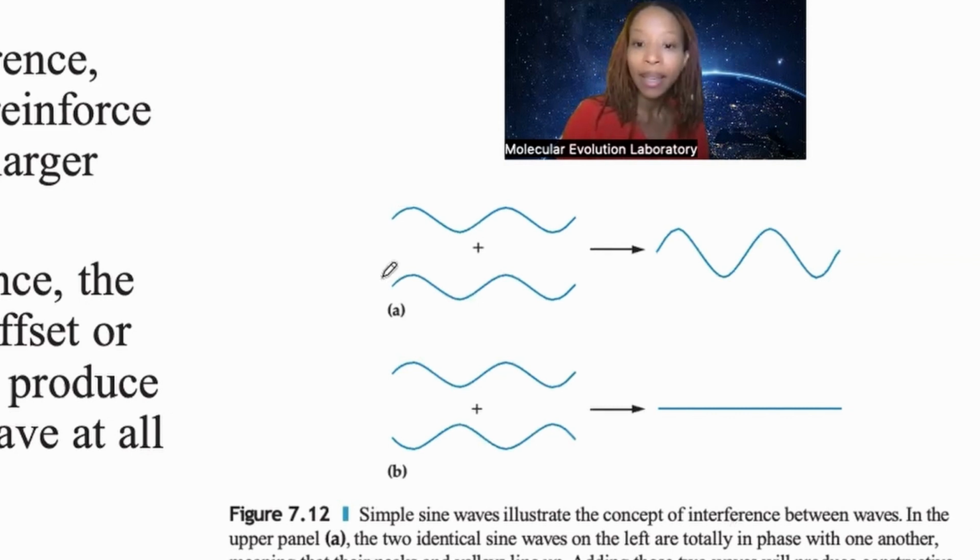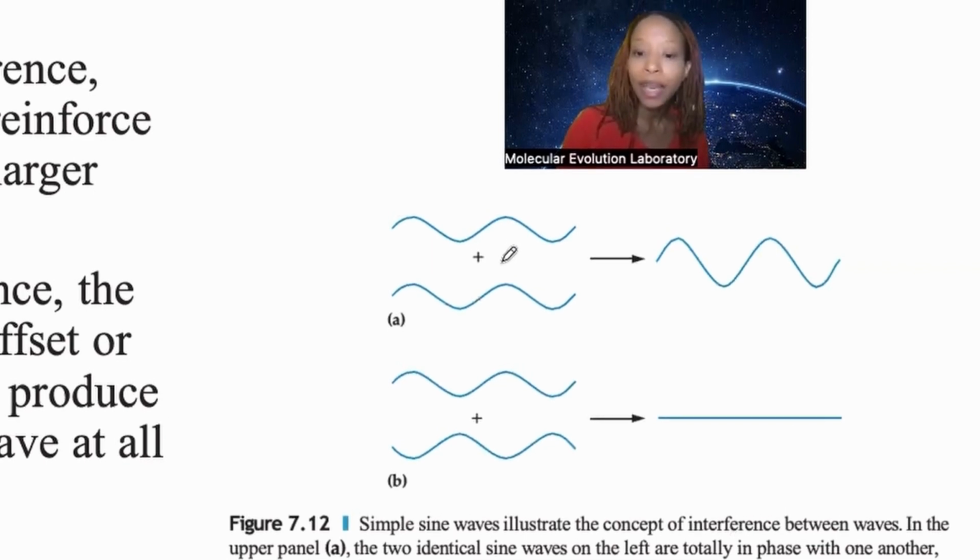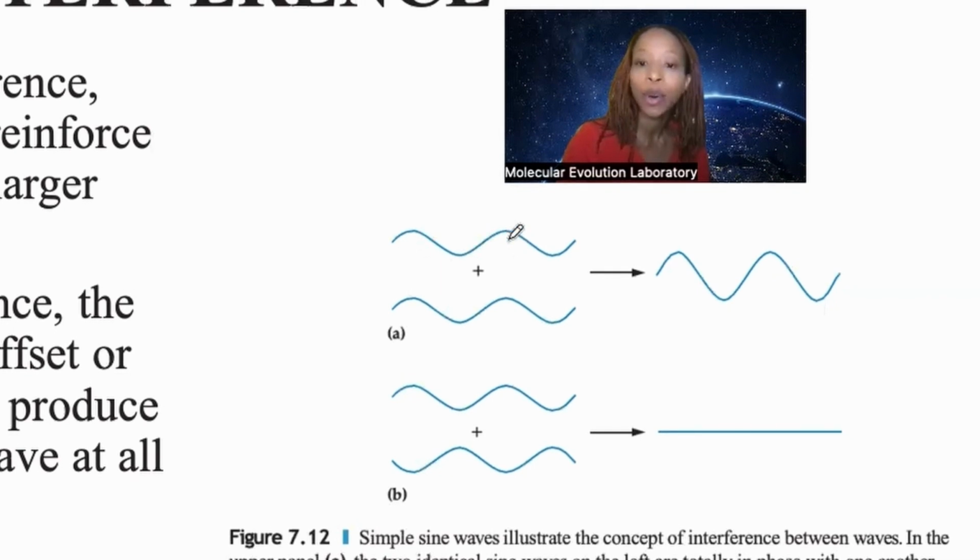In the upper panel, the two identical sine waves on the left are totally in phase with one another, meaning that their peaks and valleys line up. Adding these two waves will produce constructive interference. So when the peaks and the valleys of the waves line up, you have constructive interference. And the resulting wave will have twice the amplitude of the original wave.